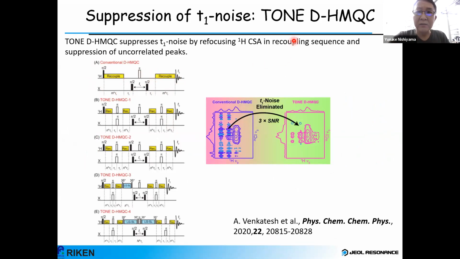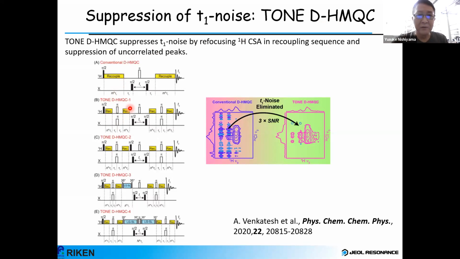Then in the tone DHMQC experiment, they can apply a pi pulse in the middle of the decoupling sequence so that proton chemical shift anisotropy is refocused at the end of the decoupling sequence. This suppresses the T1 noise quite efficiently.